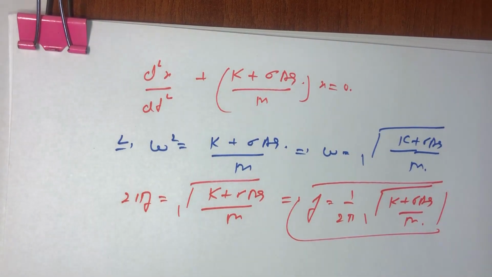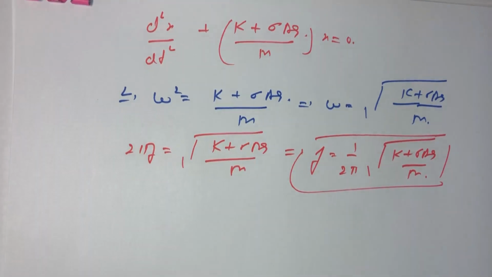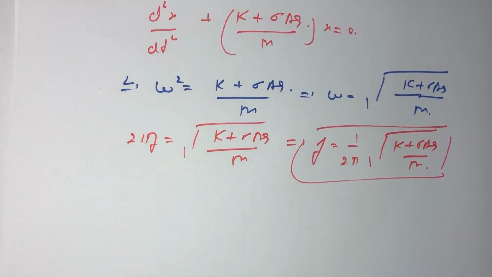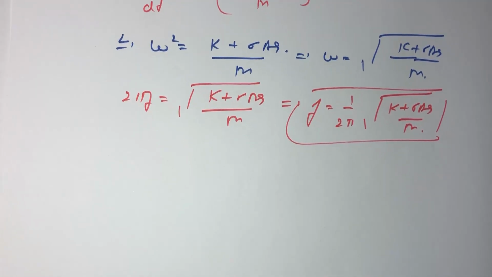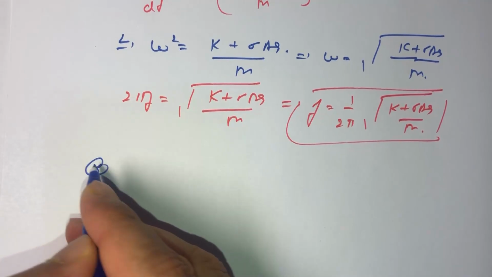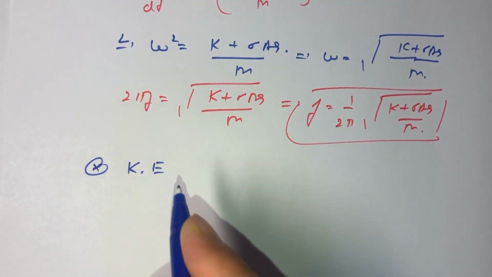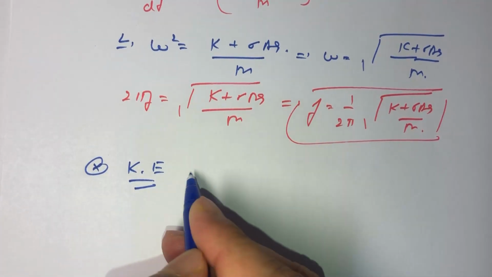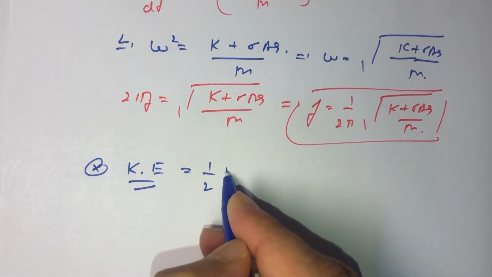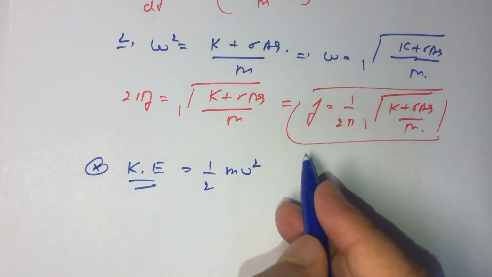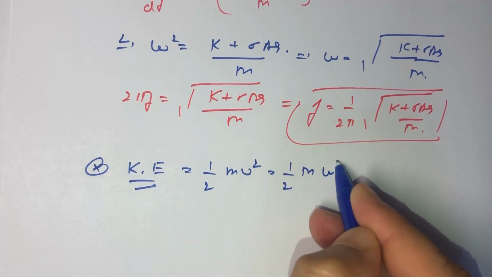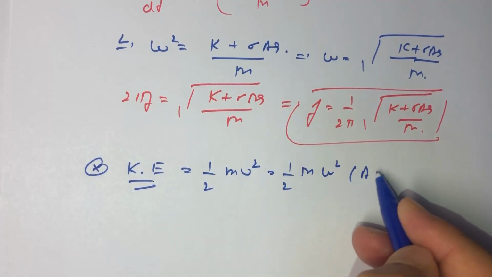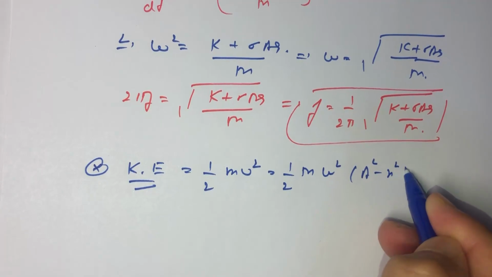Now we can also find out what will be the kinetic energy as well as potential energy in this case. So let us first of all find out the kinetic energy. Kinetic energy we know is given as half m v square, which is also given as half m omega square times a square minus x square.